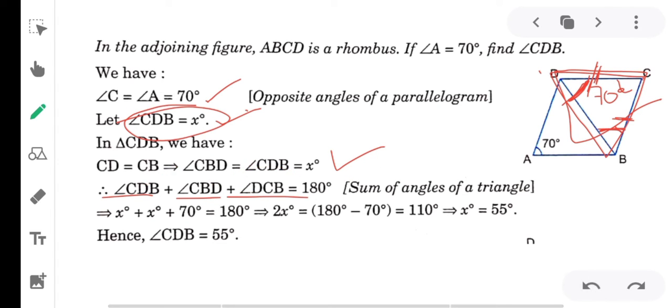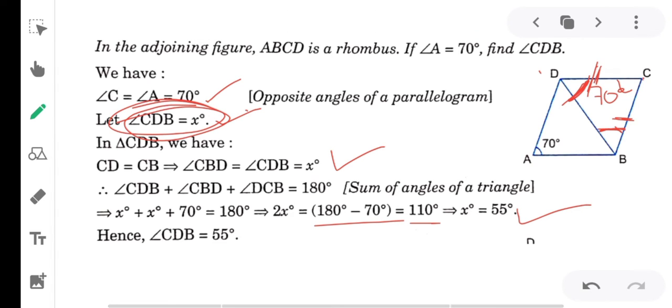Now 2x plus 70 is 180 degrees, so 2x equals 180 minus 70, which is 110. Then x becomes 110 by 2 equal to 55 degrees, and x is angle CDB.